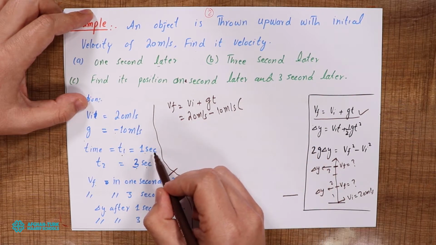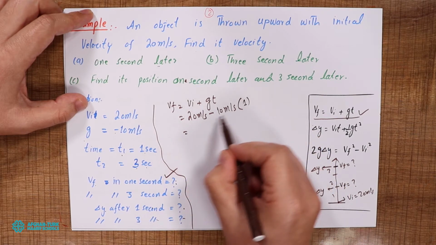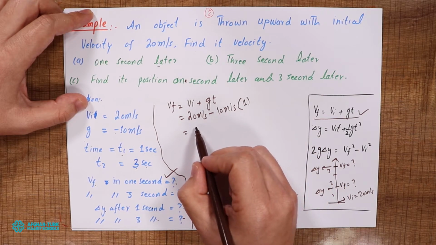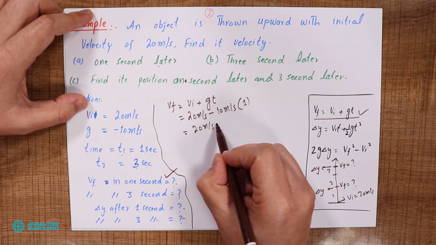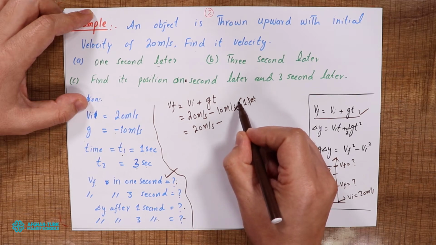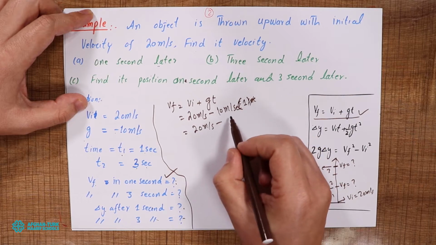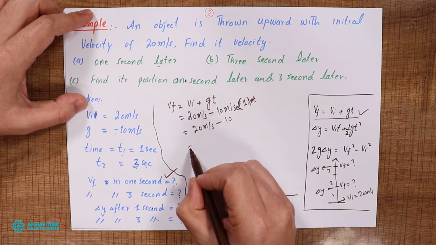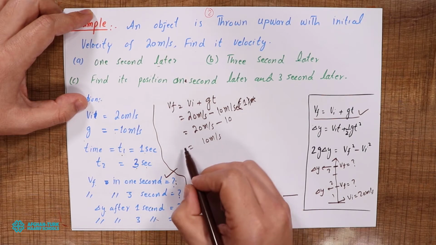And now the time is after 1 second, the first part we will find. So now multiply the value and subtract. This is equal to 20 meter per second. This second will be cancelled with second square. So 10 multiplied by 1 is 10, so this is equal to 10 meter per second.